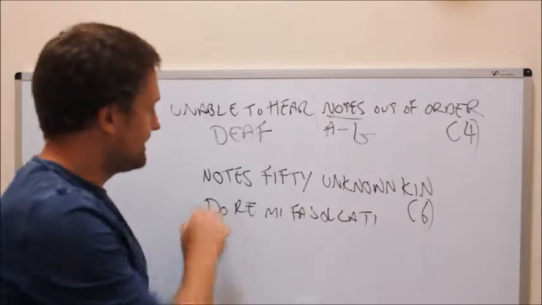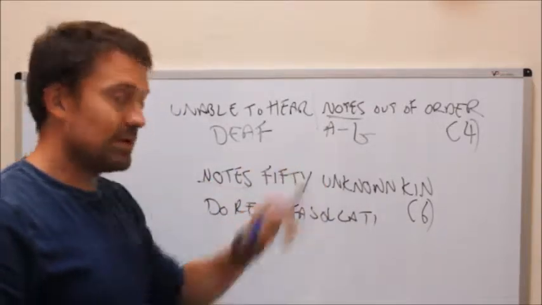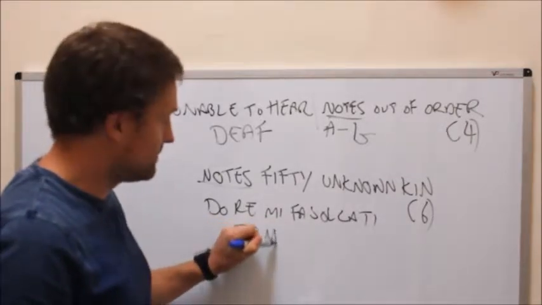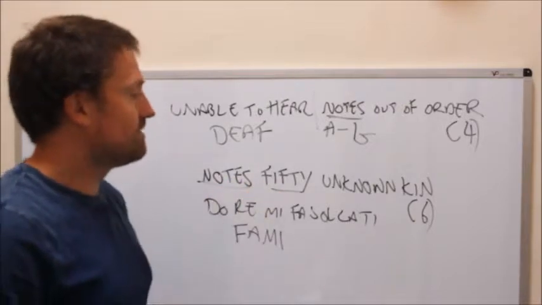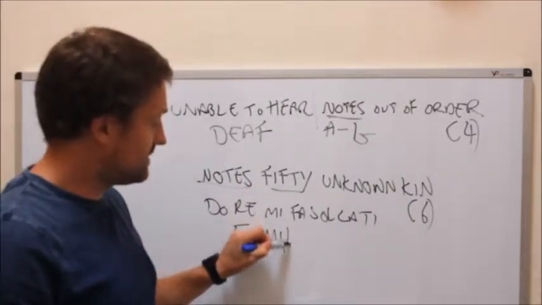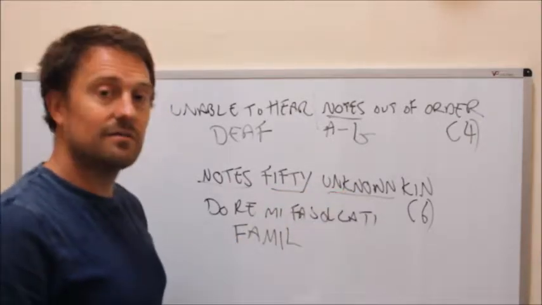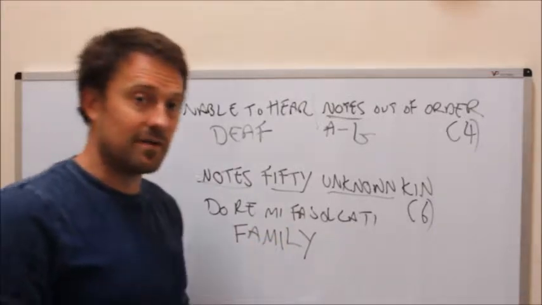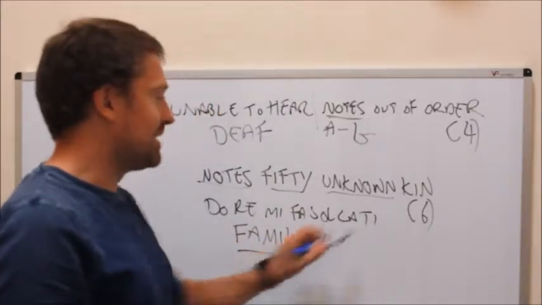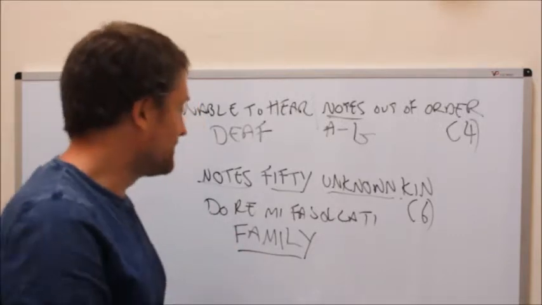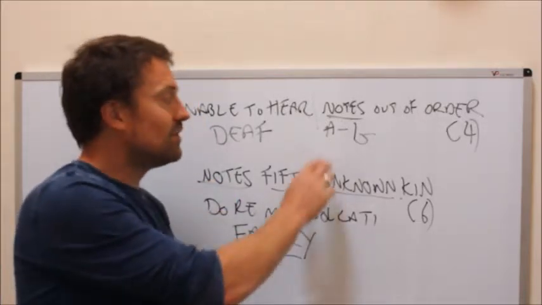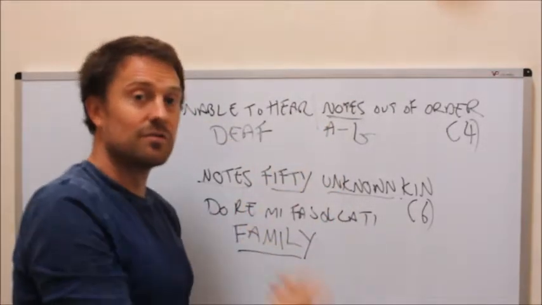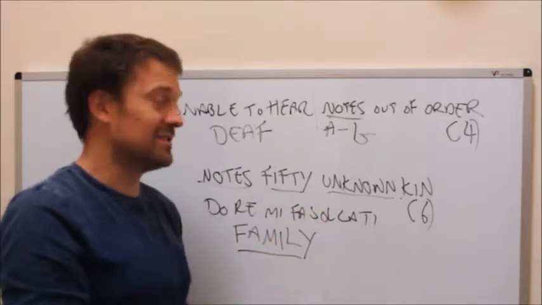So, in this case, notes could be referring to that, but is in fact referring to these two, fa and mi. 50, Roman numerals, that's an L. And the unknown thing that we did before when we were talking about maths and science, Y is often used as a variable, as an unknown in equations. Family, kin, dead simple. Once again, easy if you know this, or this, both of those clues quite simple. If you know to look for the word notes and start going through musical stuff, it can give you a couple of letters, it can help you break into a clue.